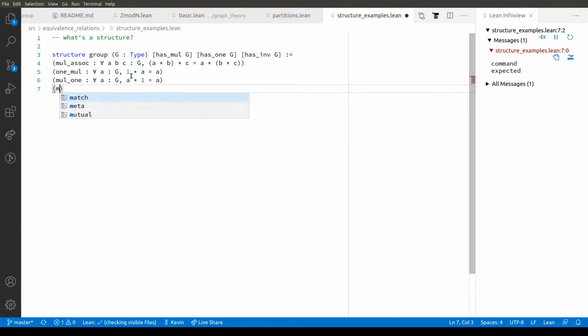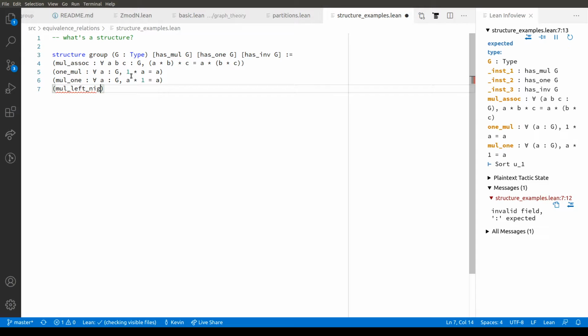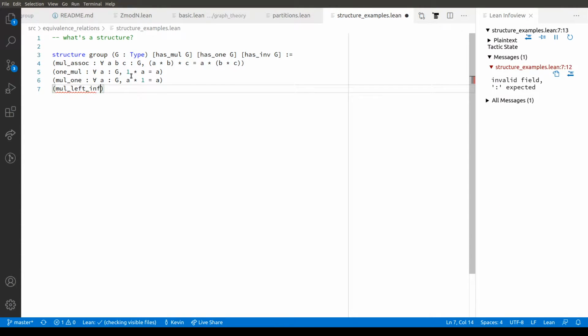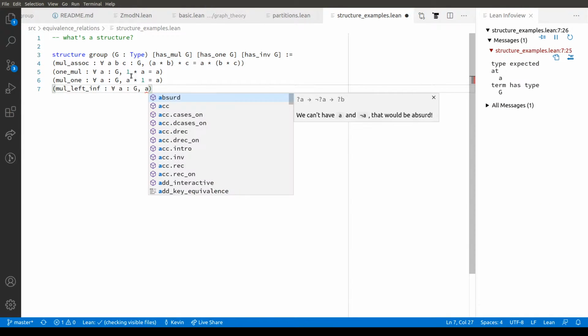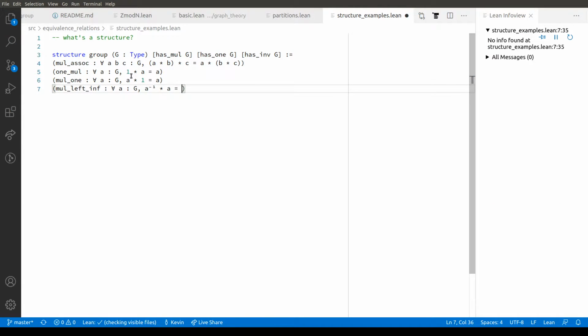And then I guess we need mul_left_inv. That says for all a in G, a inverse times a is 1. There. So I've just defined a group in Lean, and so what's going on with this structure? This structure has a name, which is group, and this particular structure takes an input because I didn't want the set to be part of the structure, and it also takes these inputs here.